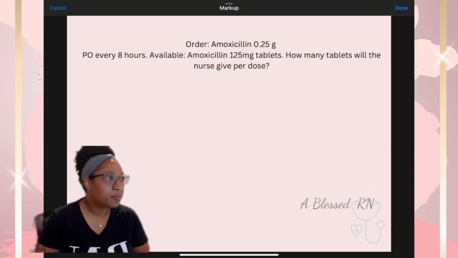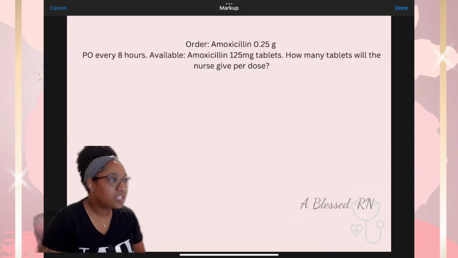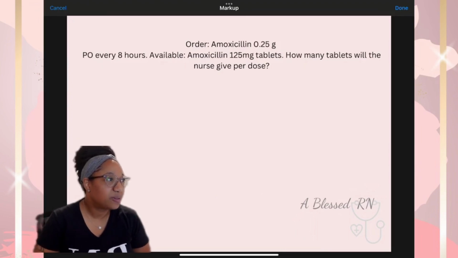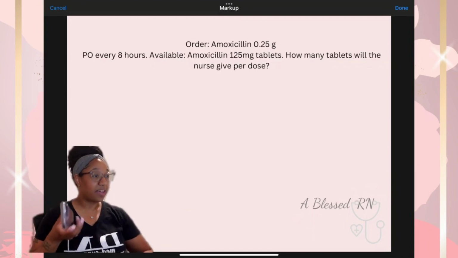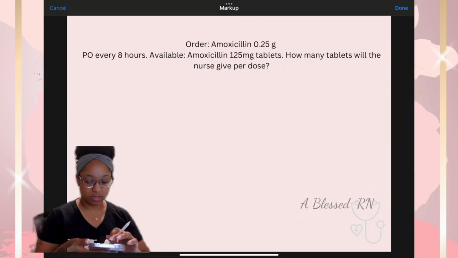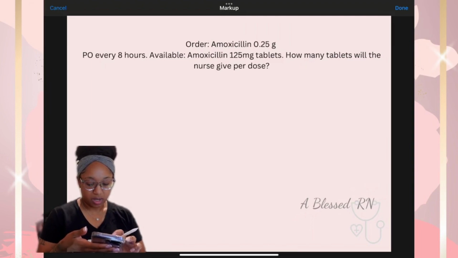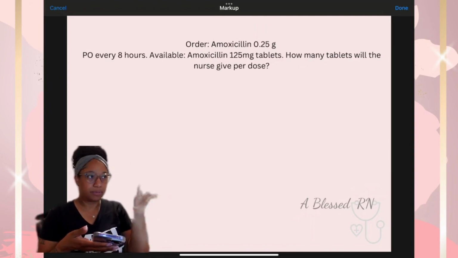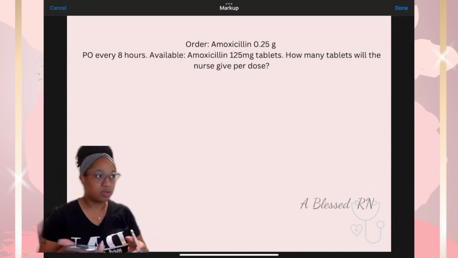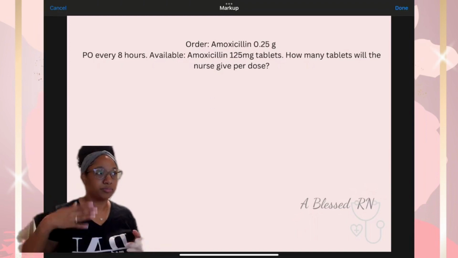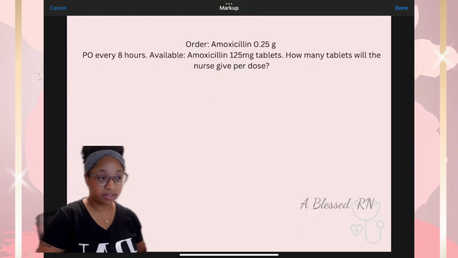I like ratio and proportion. You sometimes have to do a little bit to get it into that format, but then it's boom, boom. But hey, whatever floats your boat. If you can get it right and you can dose your patient the right way, whatever.